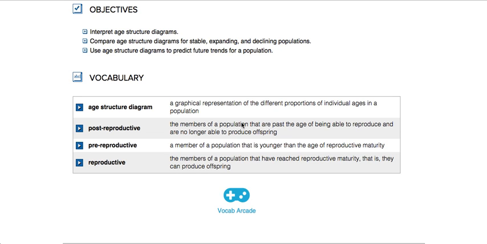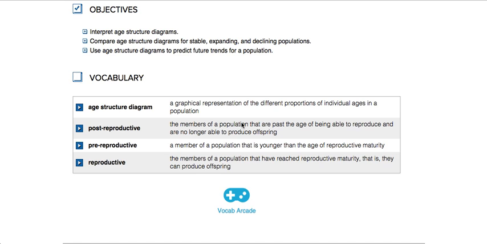Before we go ahead with that, I just wanted to talk a little bit about our objectives, go over a little bit about population age structure, and then give you some instruction as to how to be successful with this project.